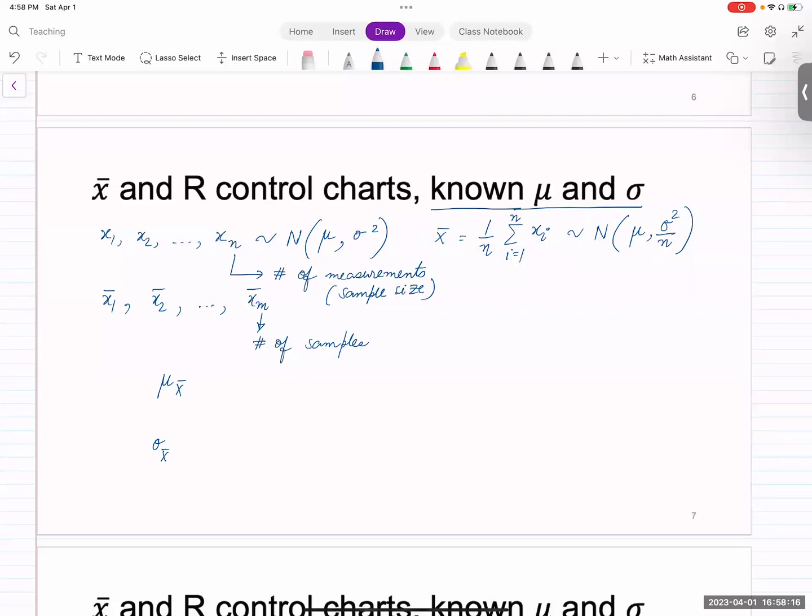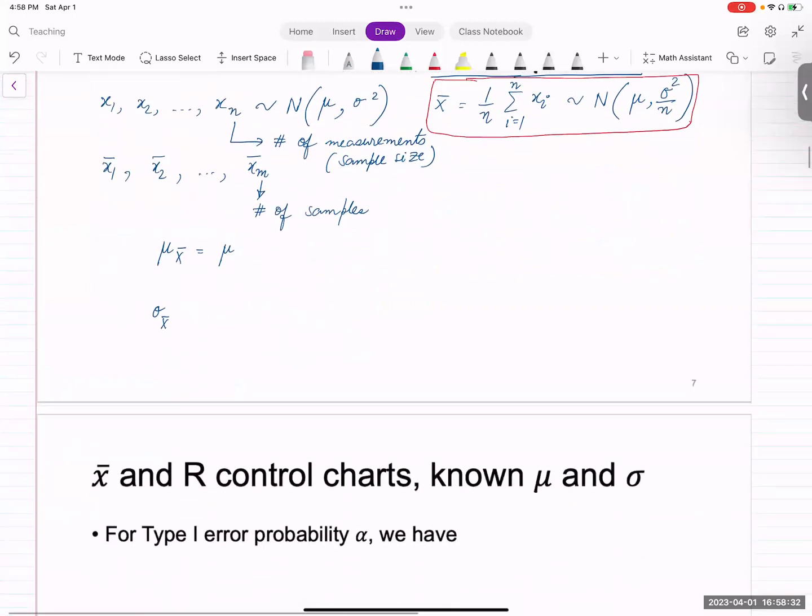And we actually have these two things. Mu of X bar is just mu, because we just saw this result from the central limit theorem, which gives us the distribution of X bar. And sigma of X bar is equal to sigma divided by square root of n.